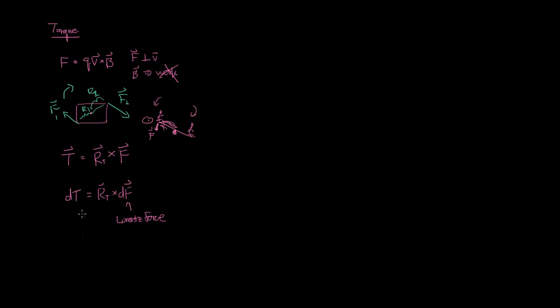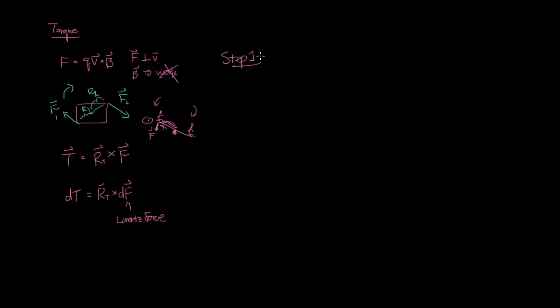So using this approach, for a chunk of current that you've broken down into differential elements, you can find dF, and then from that dF you can write dτ, and then integrate your way to find the total amount of torque.